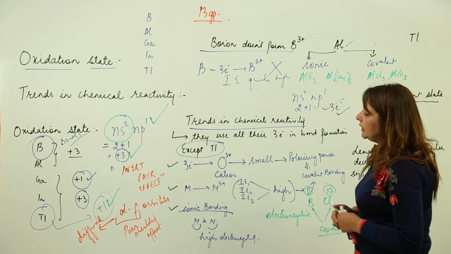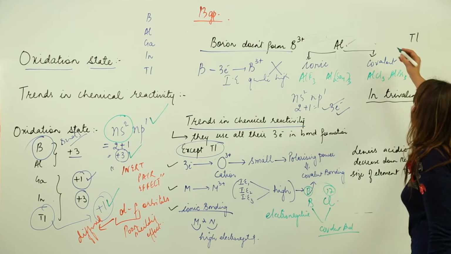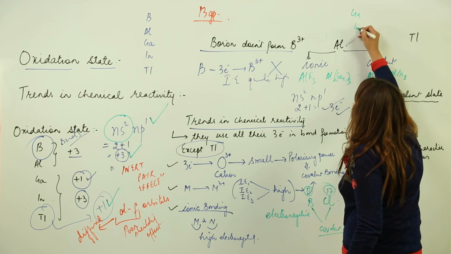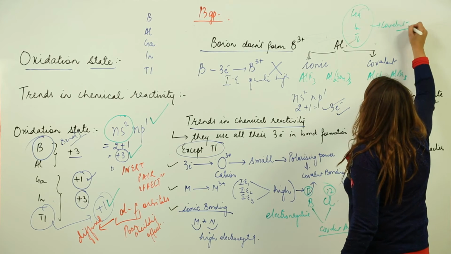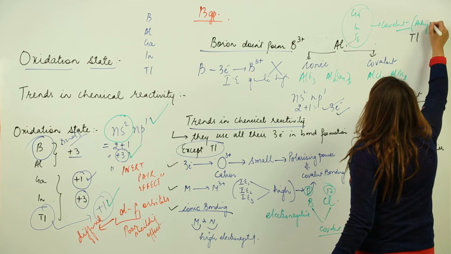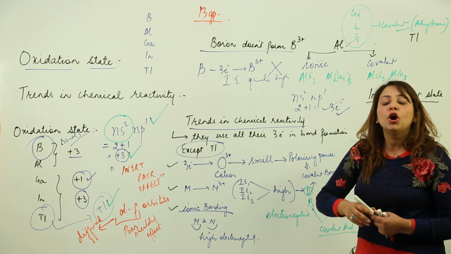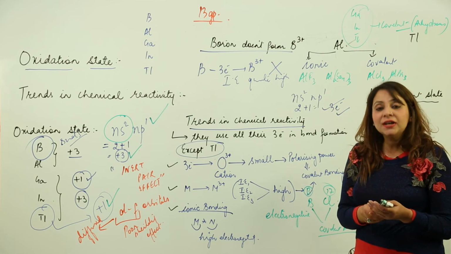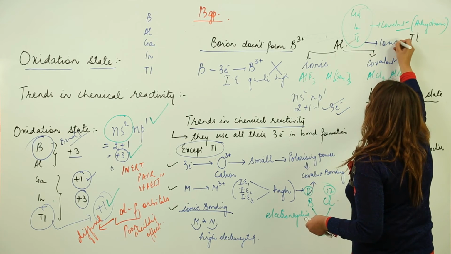And we have seen that gallium, indium and thallium, I'll write here, gallium, indium and thallium, they show mostly covalent bonding when in anhydrous condition. That means when there is no solution or no water or no liquid present. But whenever they are present in solution form, they show ionic bonding.